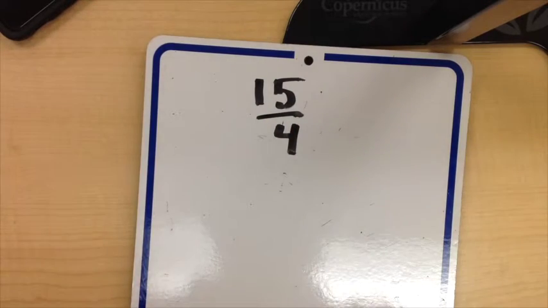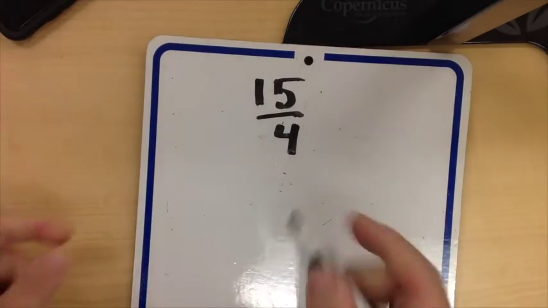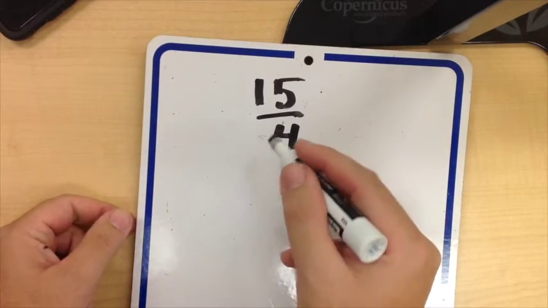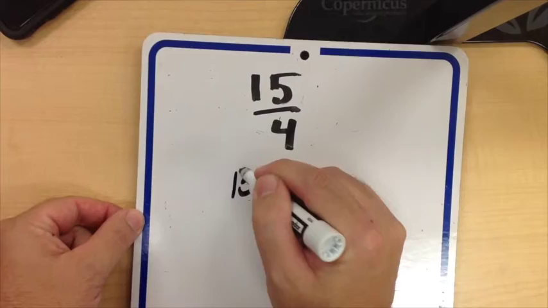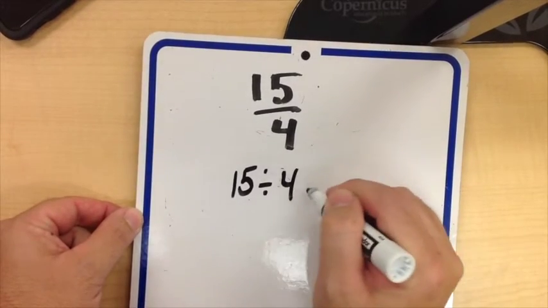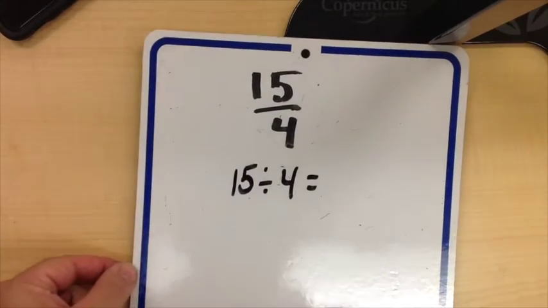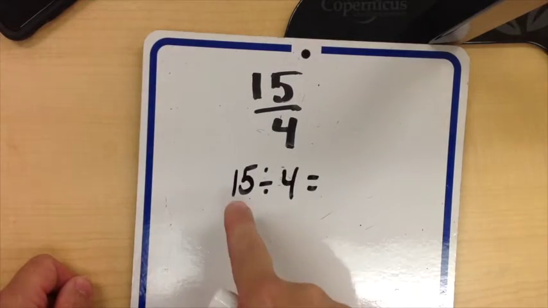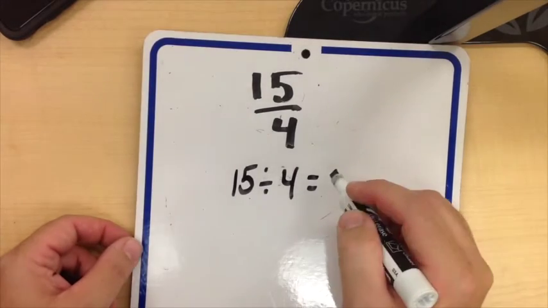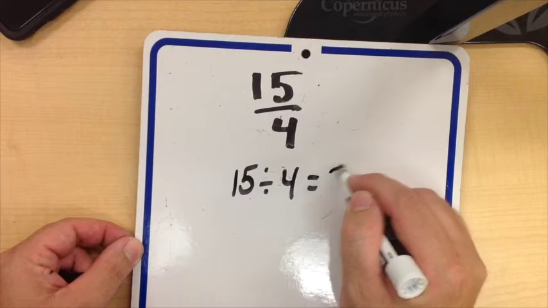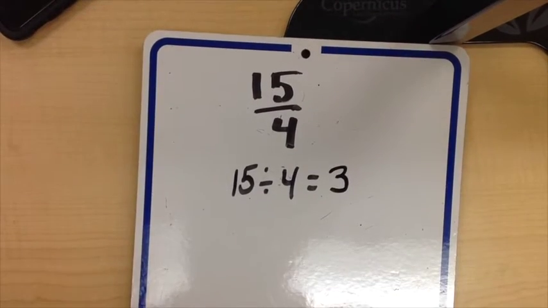So we're going to do 15 divided by 4. And we know that 4 goes into 15 evenly 3 times. Okay? But we have a remainder. We have a remainder of 3.